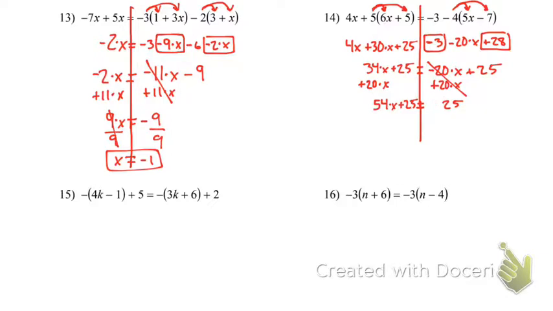All right. And now we're going to get the x by itself. So the first thing I want to get rid of is this 25 because it's adding. And then we're going to get rid of the 54. So to get rid of addition, we're going to subtract.